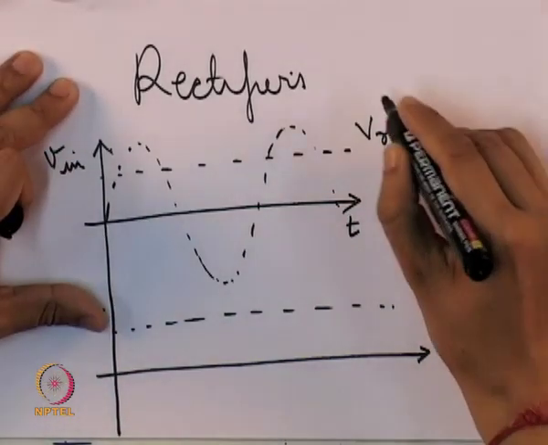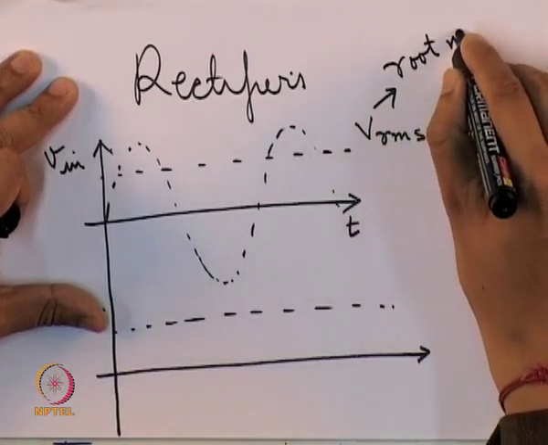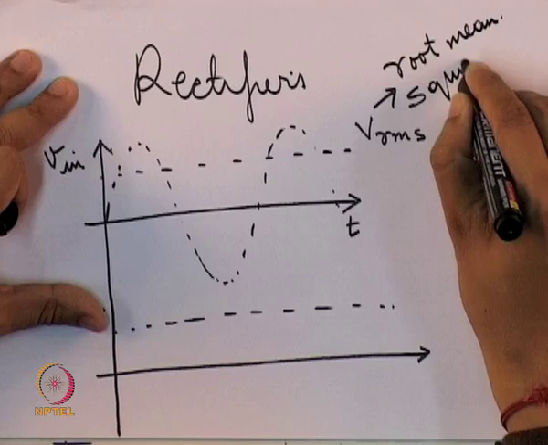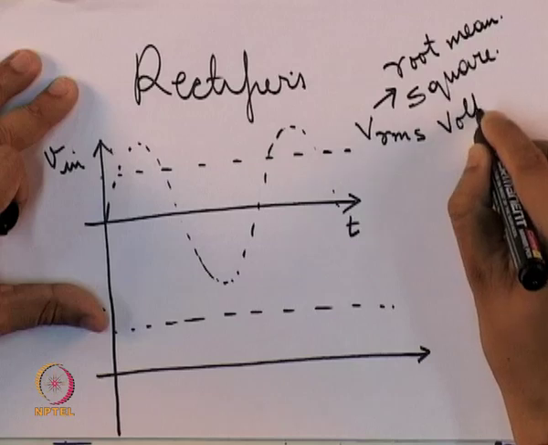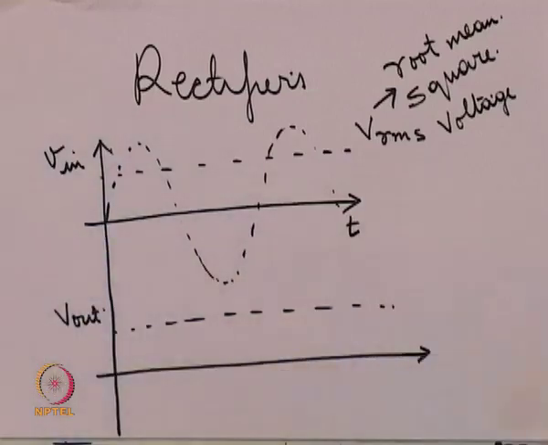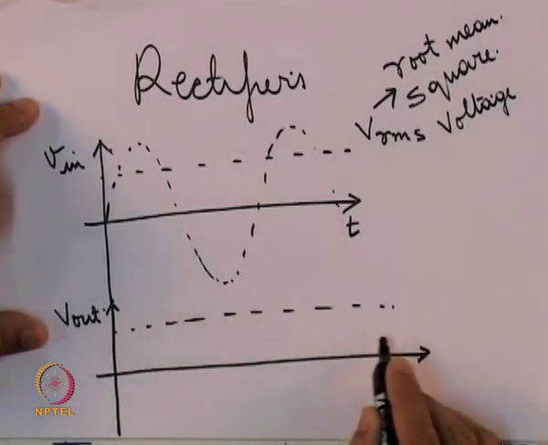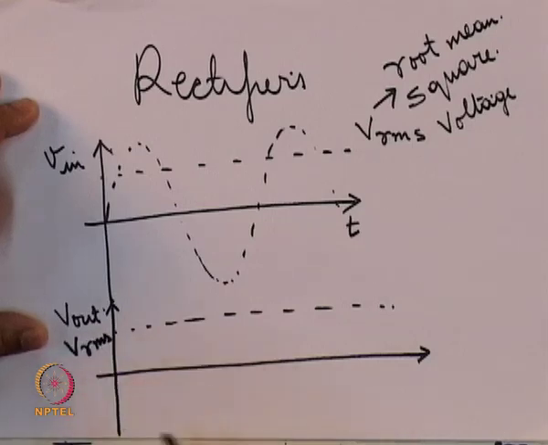Vrms is the root mean square voltage, and after rectification, the output should ideally be equal to Vrms, but that is never possible.